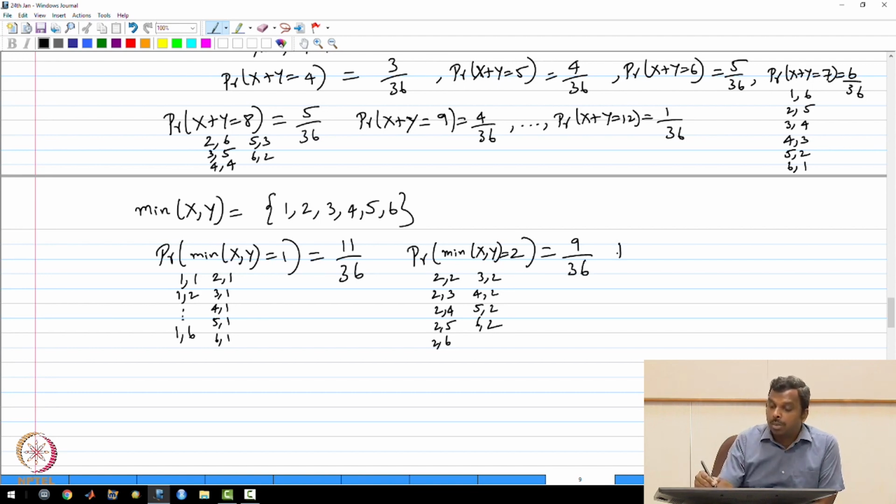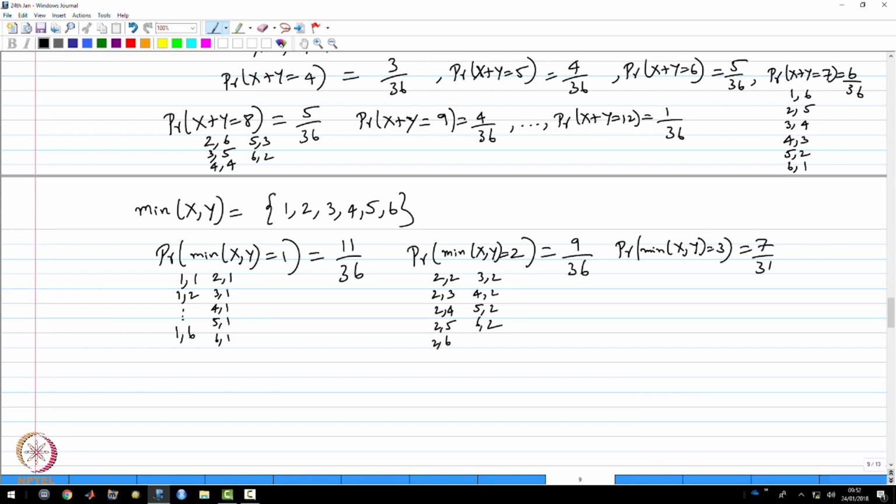Probability of min of xy equals 3 would be 7 by 36. Probability of min of x, y equals 4 will be 5 by 36. Equals 5 will be 3 by 36. Equals 6 will just be 1 by 36. See, 6 is the easiest because you only have one possibility, (6,6).